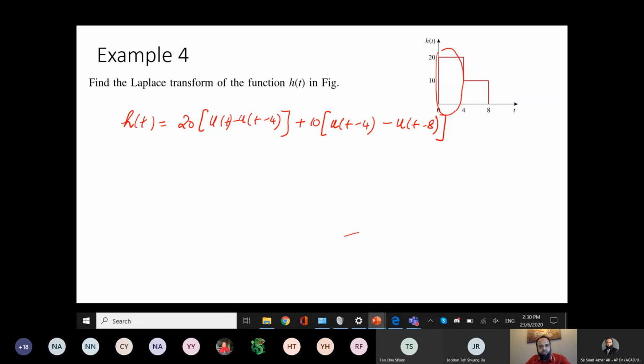So we use the same property as we did in the previous example to express this particular function. I think the rest is just history for you guys now.